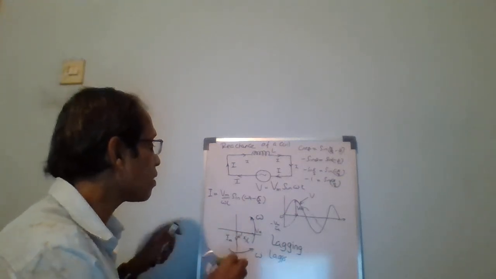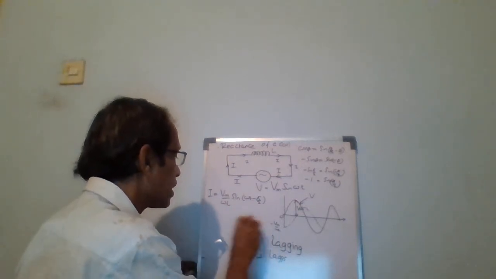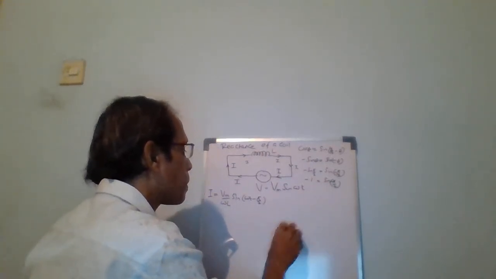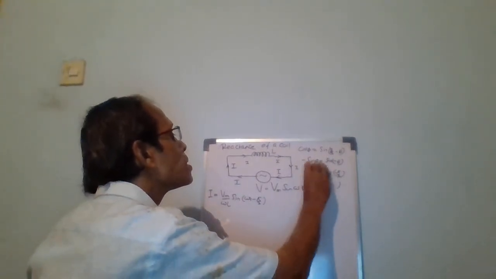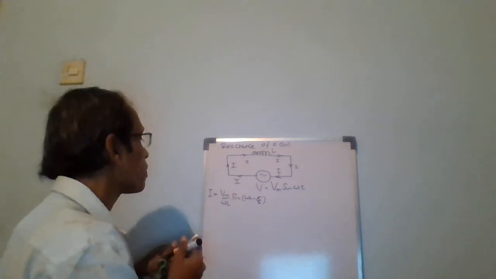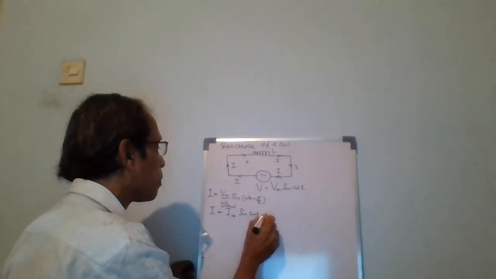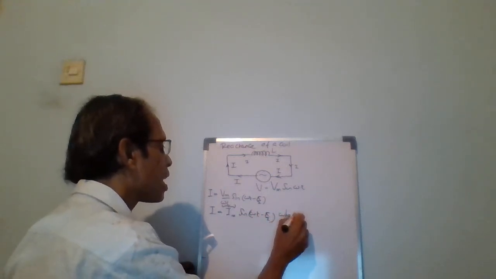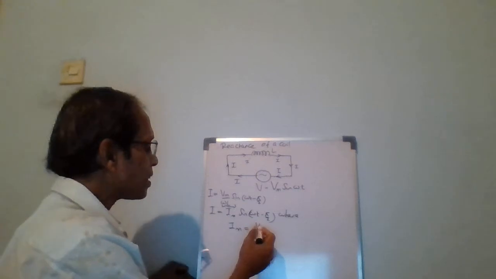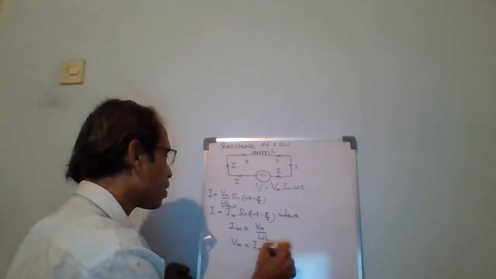Now this is the picture we have. Here we can write I equals Im sin of omega t minus pi divided by 2, where Im is equal to Vm divided by omega L. Just as Vm is equal to Im into R, here we can write Vm is equal to Im into omega L by cross multiplying.